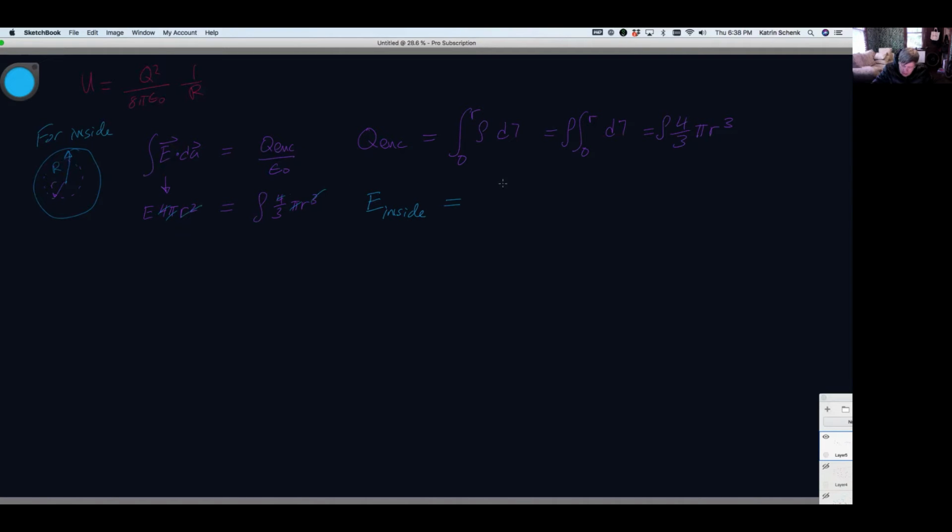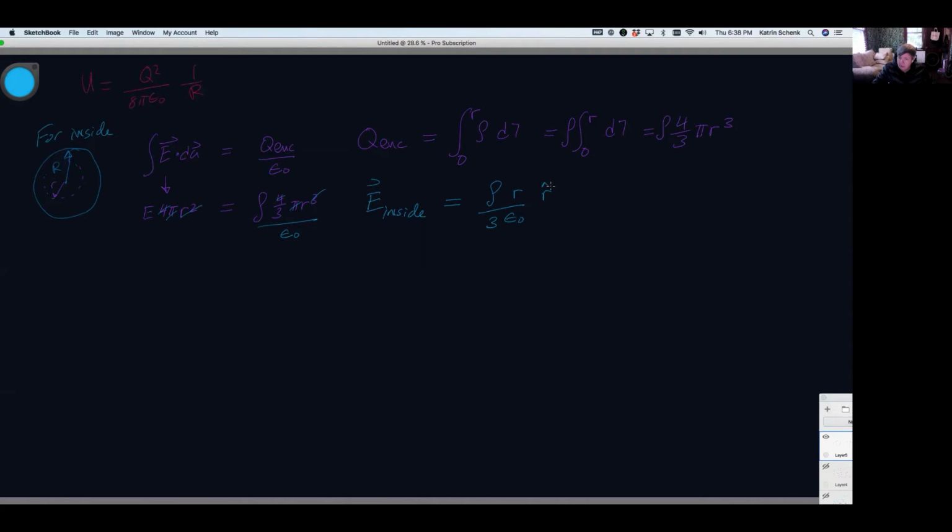So we get rho times r over 3. Oops, I forgot my epsilon naught over there. There's E inside, and of course in the r hat direction.